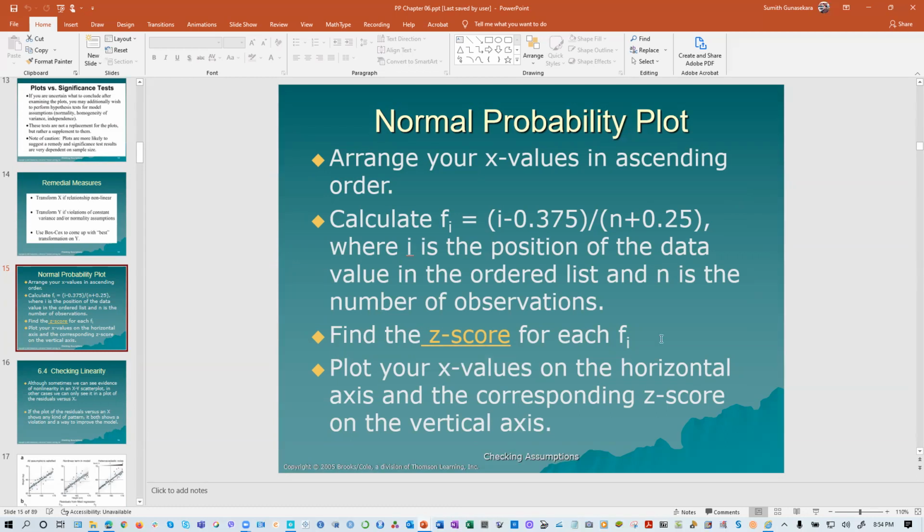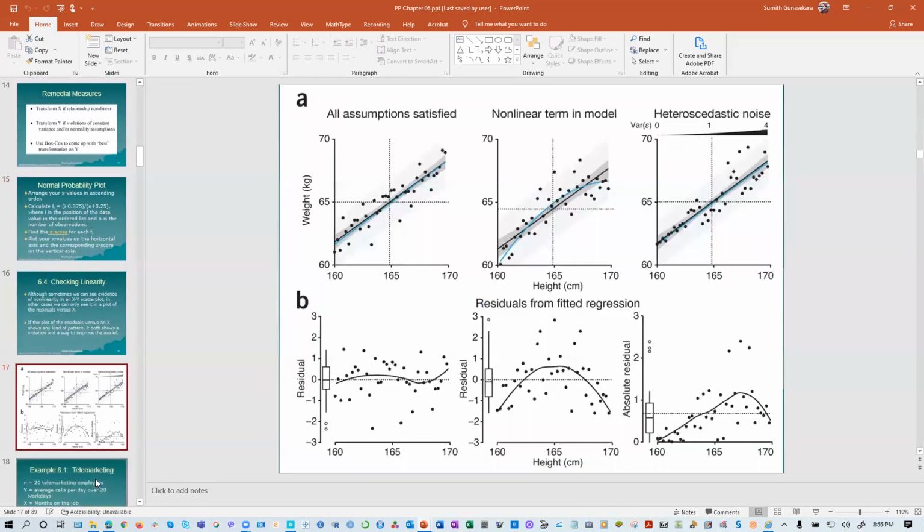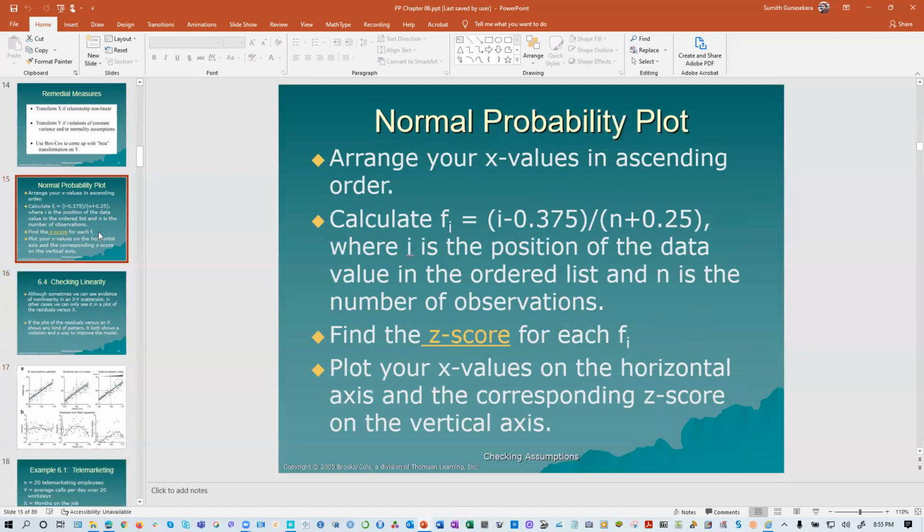And then find the Z-score for each. For this one, you can easily find the corresponding Z-score. Then plot your X value on the horizontal axis and the corresponding Z-score on the vertical axis. That's what we call the normality probability plot: the Z-score versus the X value.